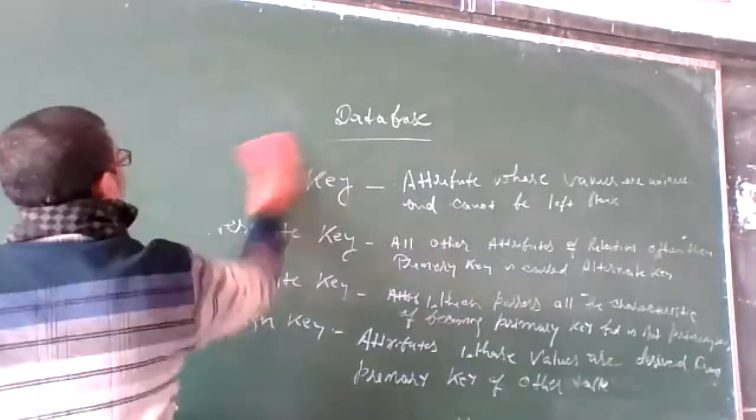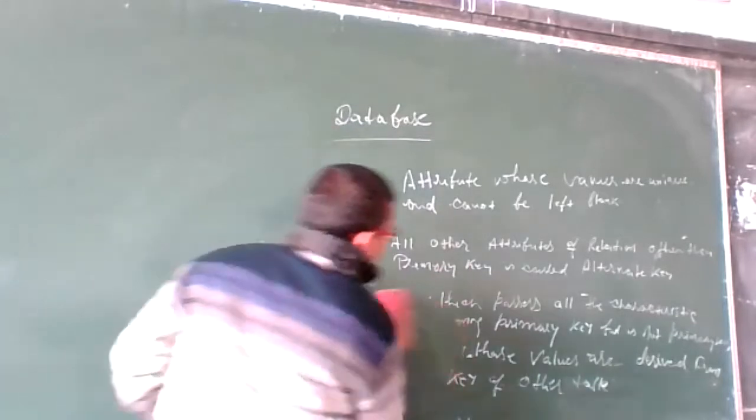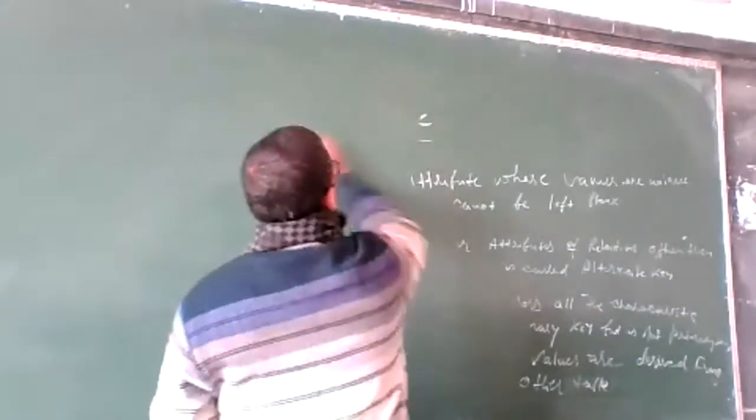Now suppose here we have taken one relation. The name of the relation is Student.